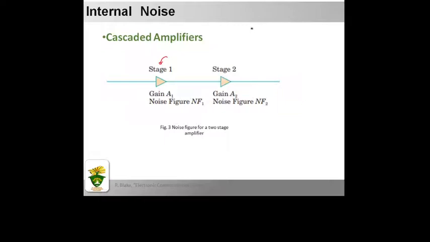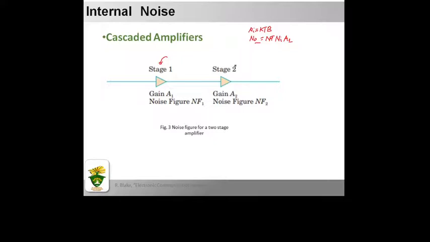First, let us recall that the noise power at the input is equal to KTB. Accordingly, the noise at the output of the first stage will be the noise figure times the noise at the input times the gain of the first stage. So that is the noise output power of the first stage. This noise appears at the input of the second stage.